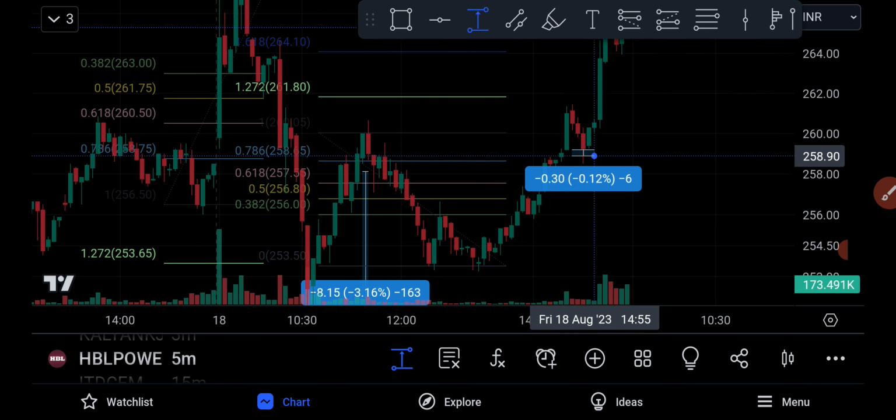Okay, so I entered the trade, and the stop loss is just the recent high I marked there. But when you look at it, it is actually a 1% stop loss because of the volatility. Let me show you. Yes, the 1% stop loss got hit.